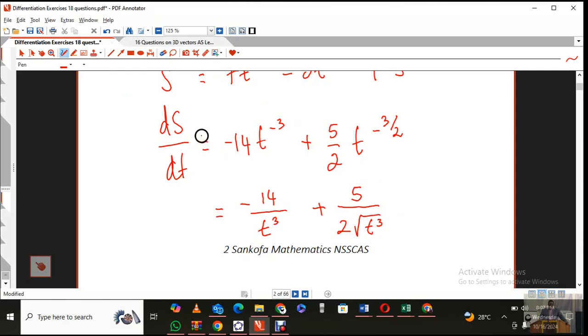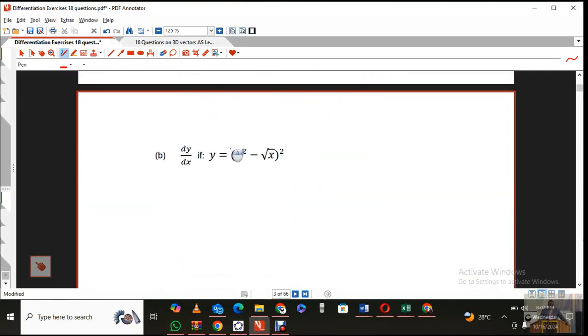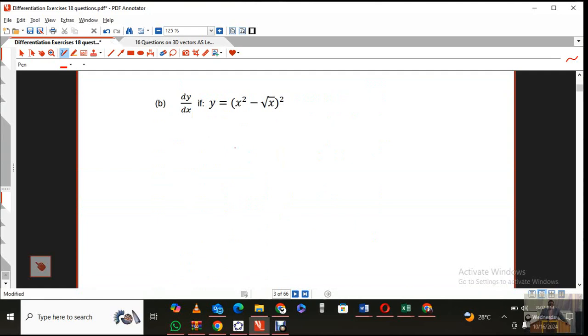Let's go to the next question. It says determine dy/dx. Here I suggest you rewrite this as x squared minus root x, and just go old school and multiply that out.